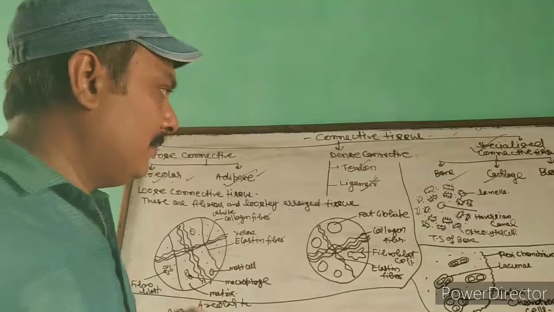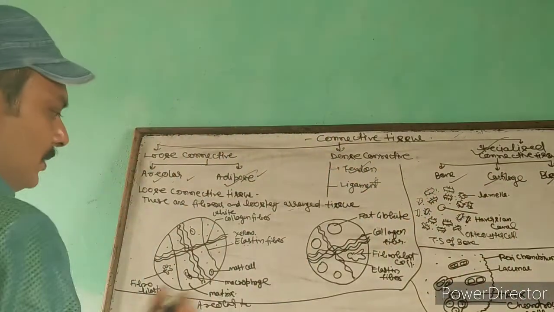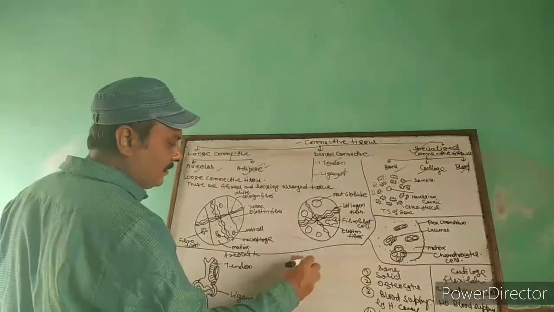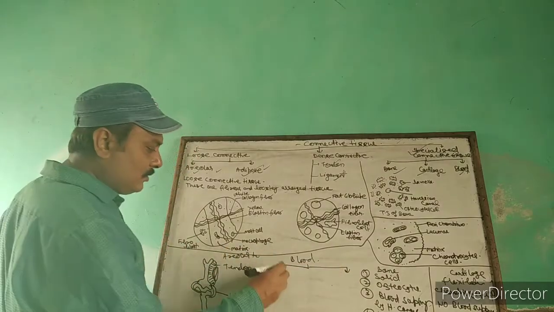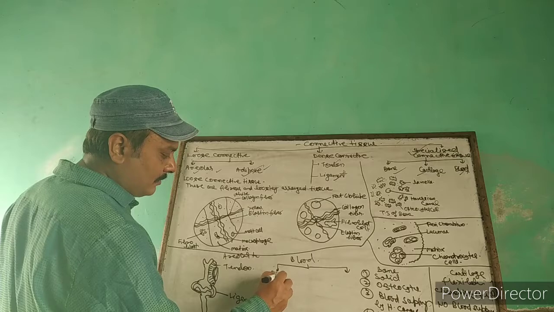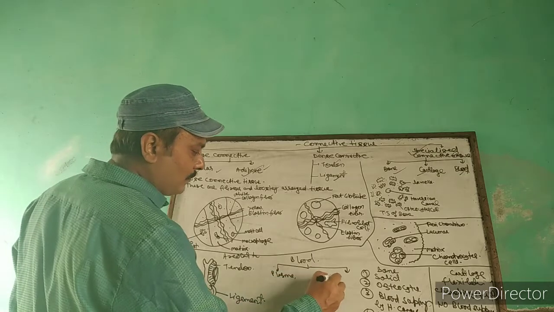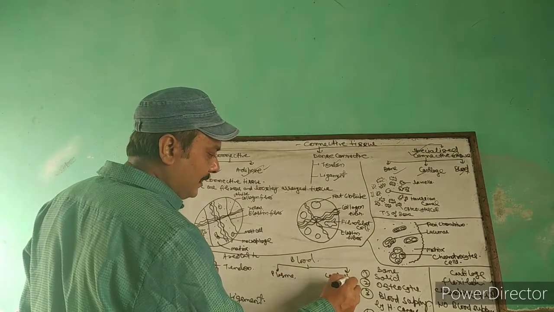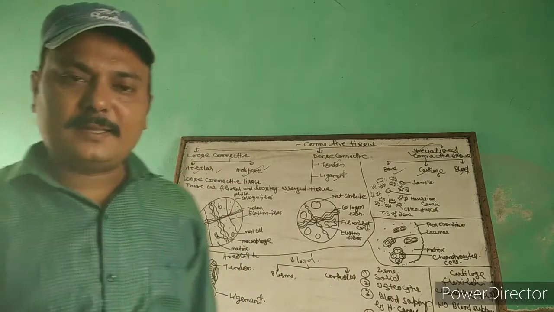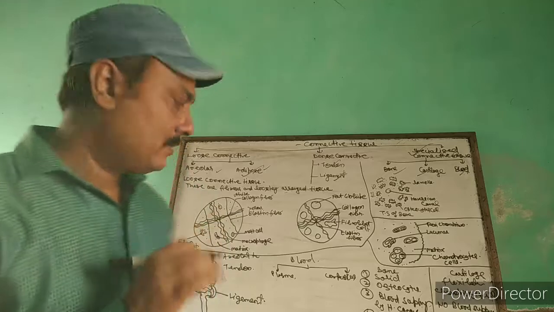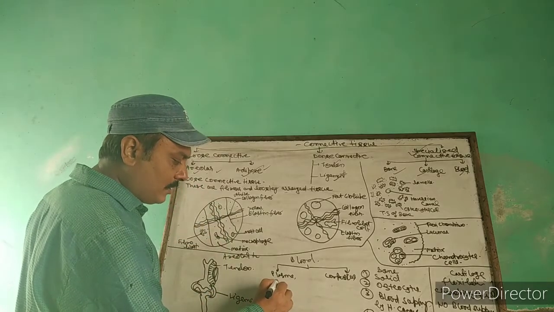Okay, now blood. As we know, if you see the blood, then blood can be categorized into plasma and corpuscles. Plasma: 55% of blood is plasma, and corpuscles are 45%.